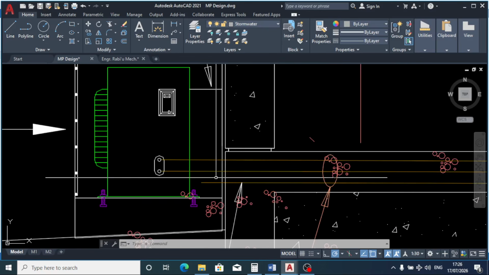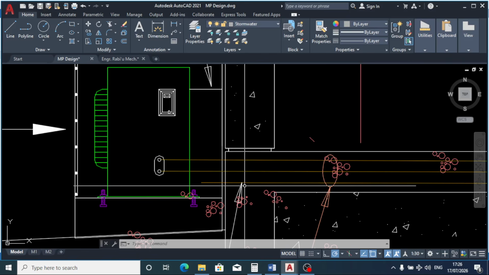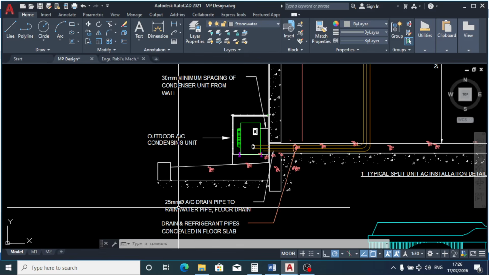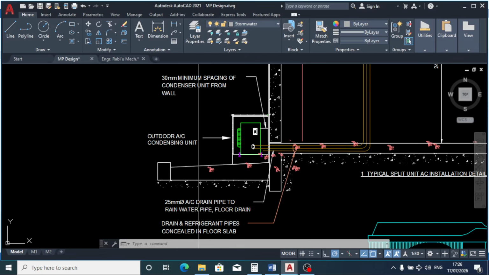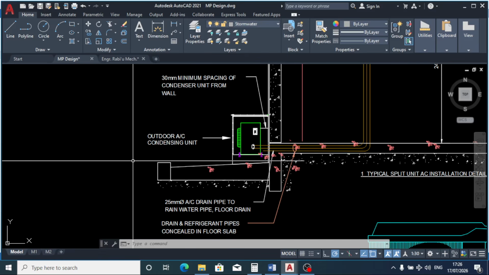You can see the condensate pipe is terminating outside, it's not going back into the condenser unit, which is this. This is the detail: 25 mm diameter AC drain pipe to rainwater pipe, meaning you are linking it to a stormwater drain, or you are allowing it to fall freely on the floor, whichever way you do it.